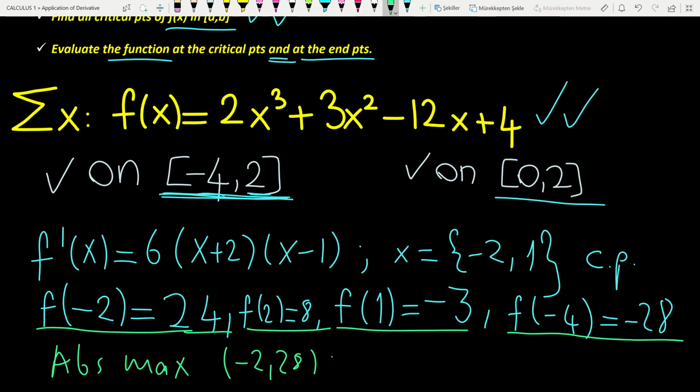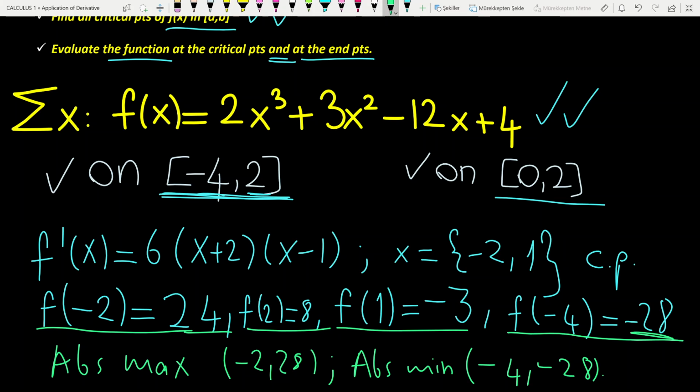And the absolute minimum of f of x, since it is the smallest one, is minus 28, so it occurs at the point minus 4, minus 28. That's all.